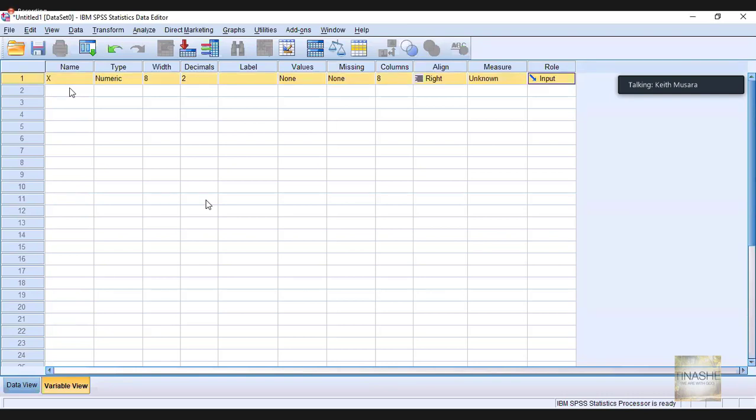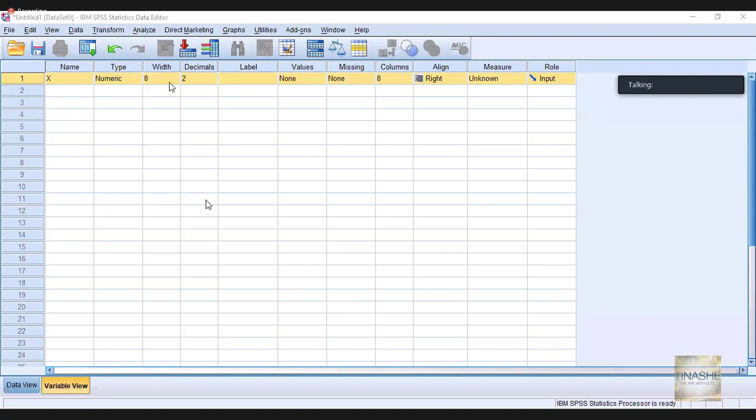The type of variable in this case, X, is numerical, so I will leave it as it is, because from the data that we have, it's numerical. The other question is, what is the width of the number? Usually this width works with strings, but in this case we're not dealing with strings. In other courses, if you use a string, you would have to define the width.